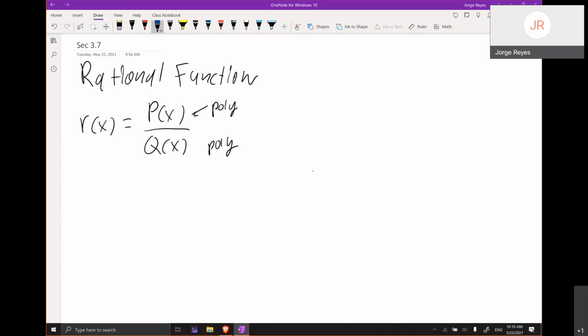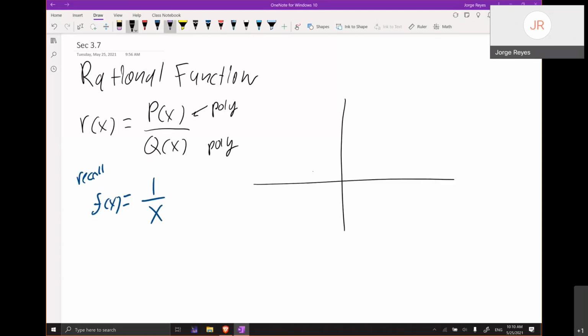One of them that we know is, recall, f of x equals 1 over x, because technically this is a polynomial over a polynomial. And we know that this looks like this, right? If I draw it again, it kind of looks like this. We're going to talk a lot more about this function today.